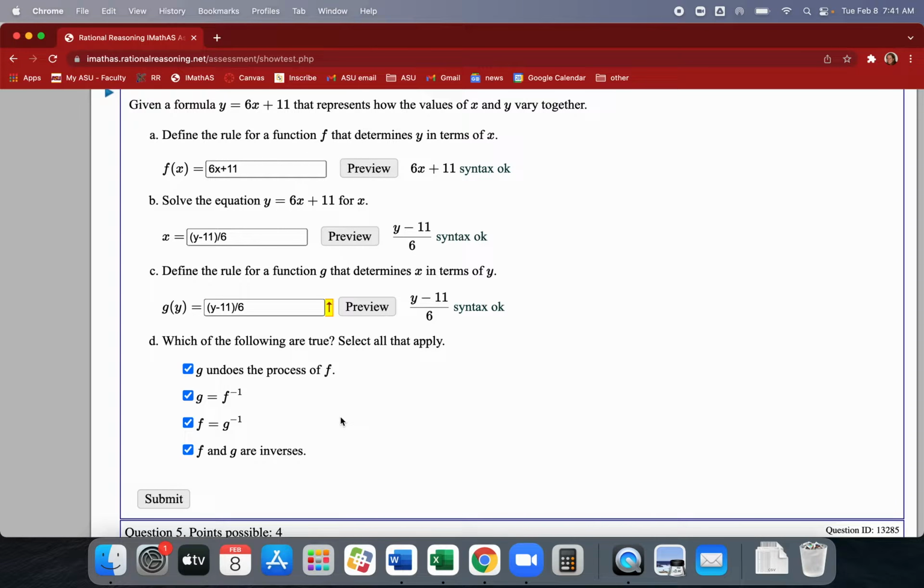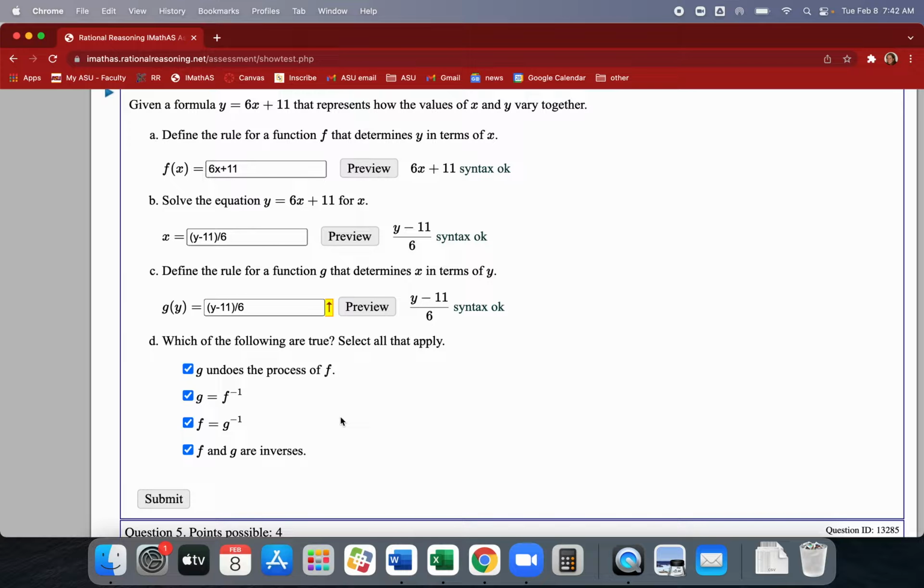Now, one thing I wanted to point out: in reality, when you're writing a function rule, it doesn't really matter what letters you use. So if I said, I'm just going to write this up here, g of y equals y minus 11 over 6.